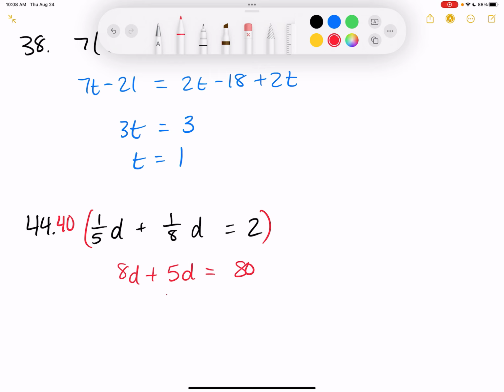So then 13d is equal to 80, and then d is equal to 80 over 13. So that just, in my personal opinion, makes it way easier. If you were to go back and check this, you'd probably hate me a little bit. So I'm not going to make you check these ones with fractions. Because that would be awful.